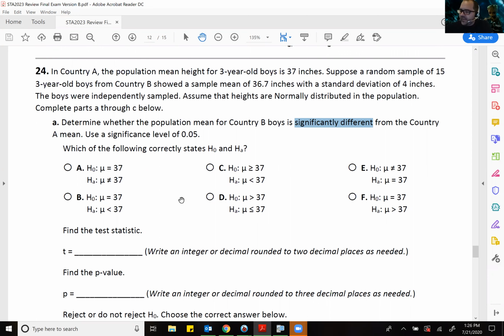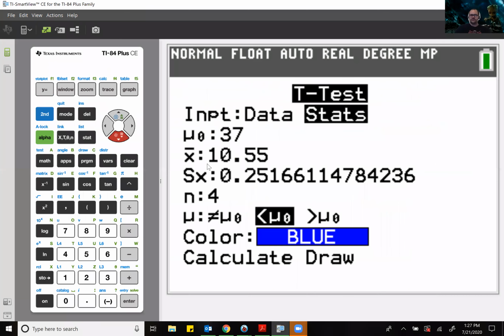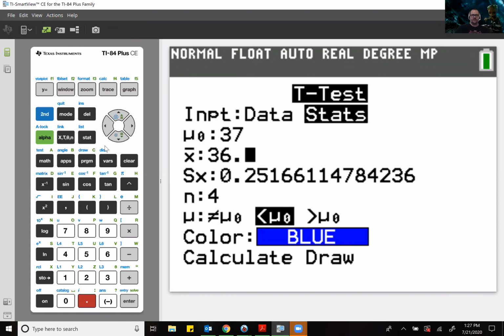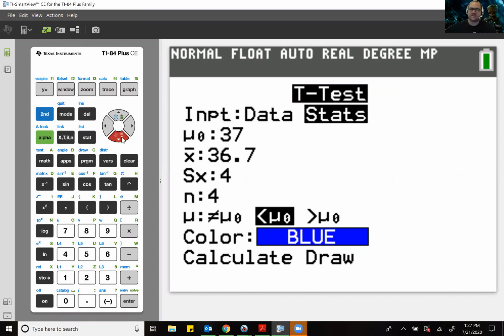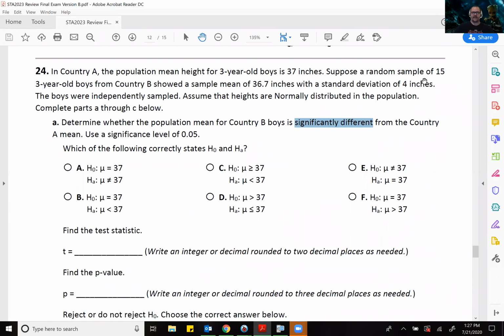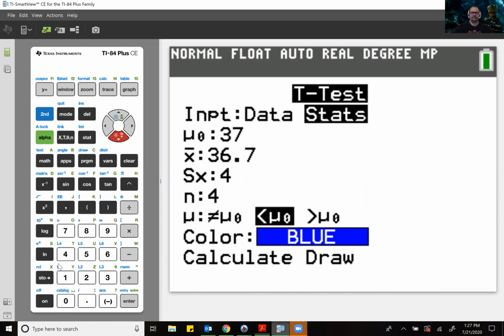We just have to fill that information in now. And our sample size, I didn't write that down, we looked at a total of 15. So fill that part in.